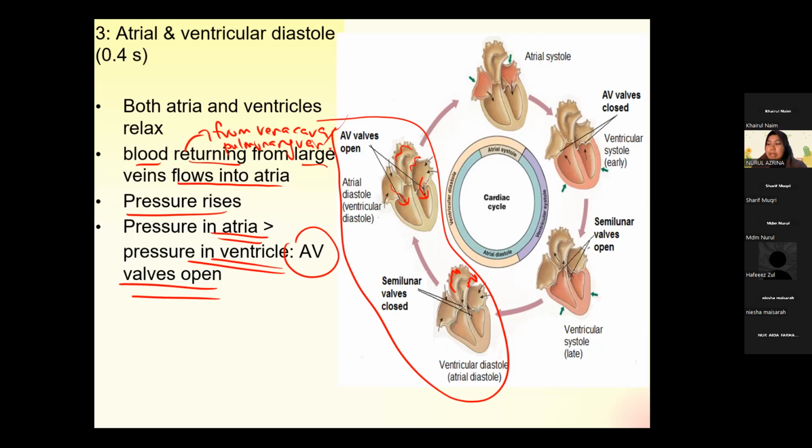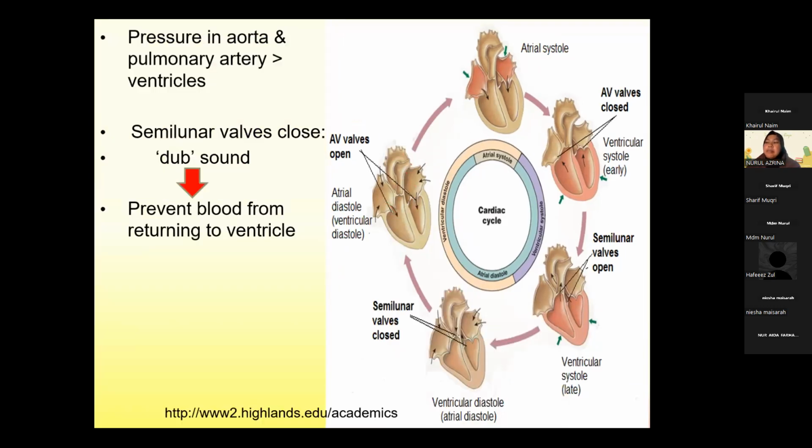At the same time, remember, pressure in aorta and pulmonary artery increases. Why? Remember just now, when ventricle contracts, blood is pumped out into the large arteries, the aorta and pulmonary artery. So the pressure inside the aorta and pulmonary artery is higher compared to the pressure inside the ventricle.